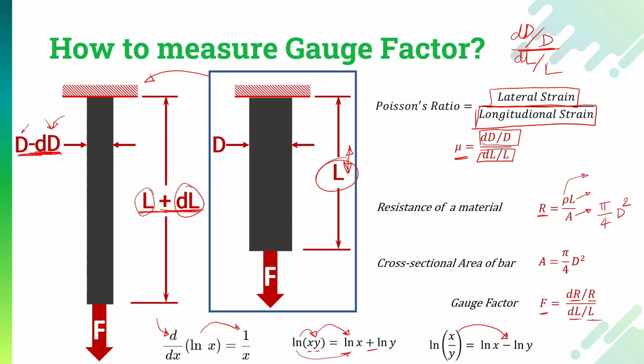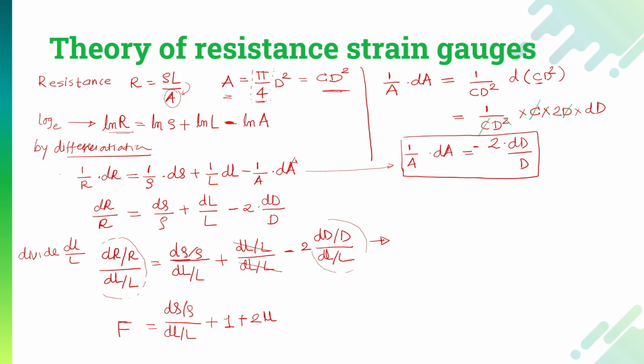Whatever you see over here, this value is normally negative, and minus is written before this particular equation. So this is my Poisson's ratio, and this is the final equation that I have received for all the materials. You need to remember this. This is the equation of the strain gauge factor, or you can say gauge factor, and this is for all the materials.